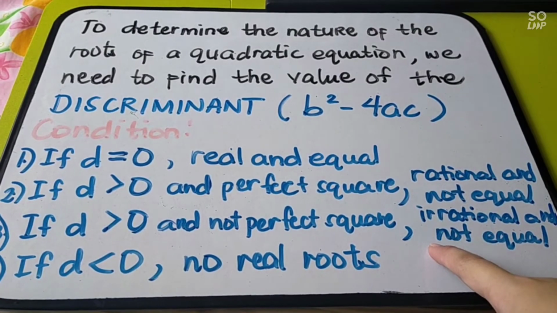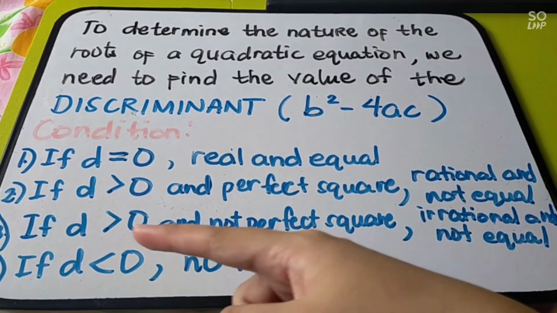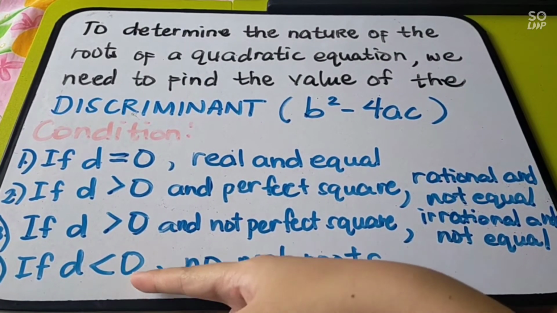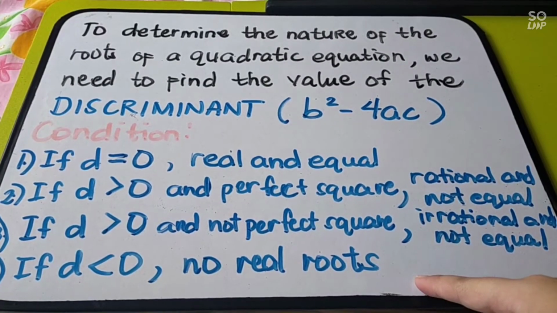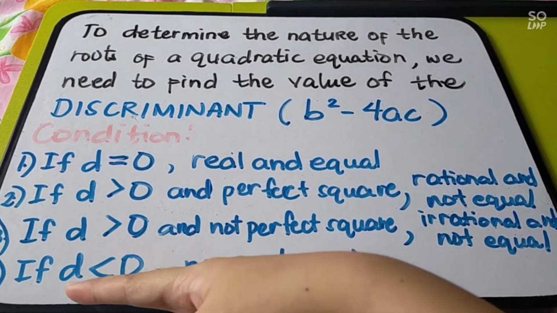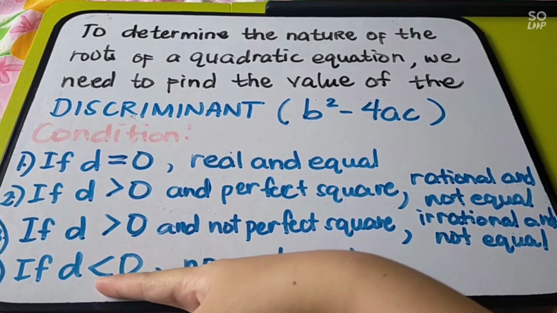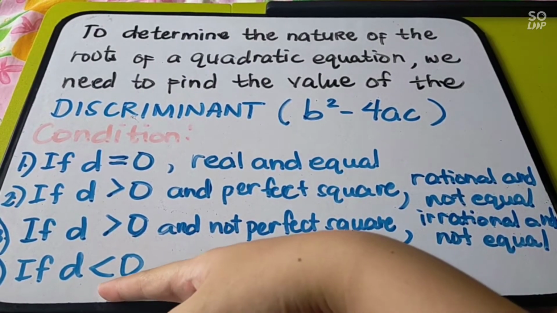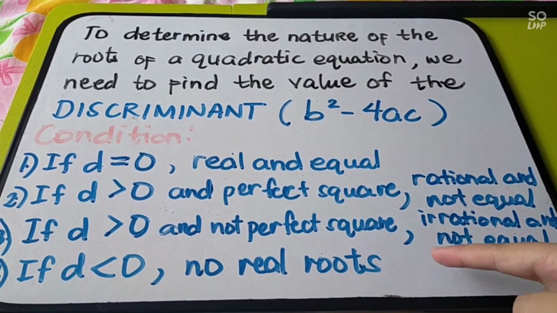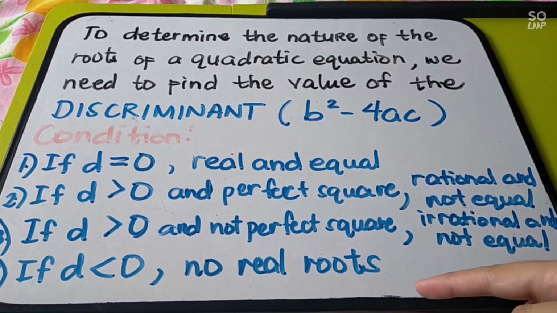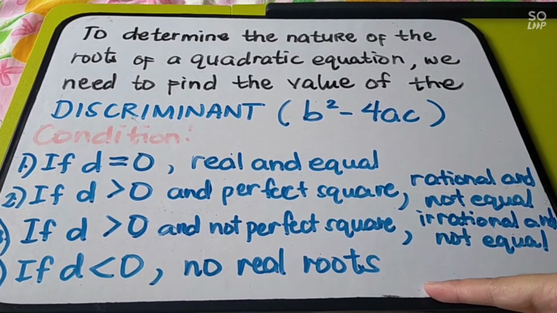Is it clear? Then, the last one, if D is less than 0, therefore, no real roots. Meaning, kapag daw ang discriminant mo ay mas mababa sa 0 or negative numbers, meaning, imaginary numbers ang makukuha mong sagot or complex numbers. Is it clear?